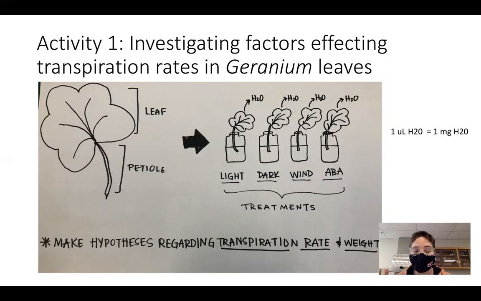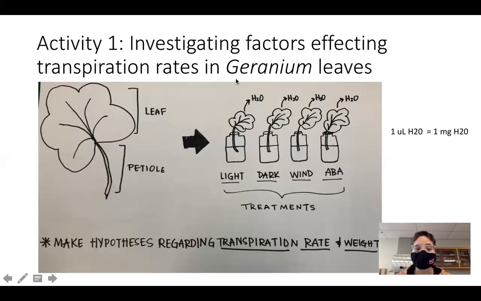There will be 4 different treatments. The first is light. You'll be placing it in a dark environment. You'll be placing it in a windy environment, and you will also be placing it in ABA, which is our stress hormone.